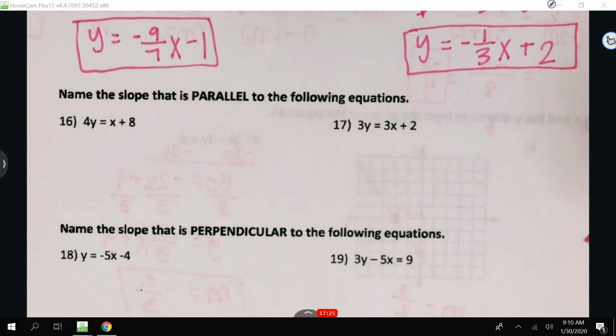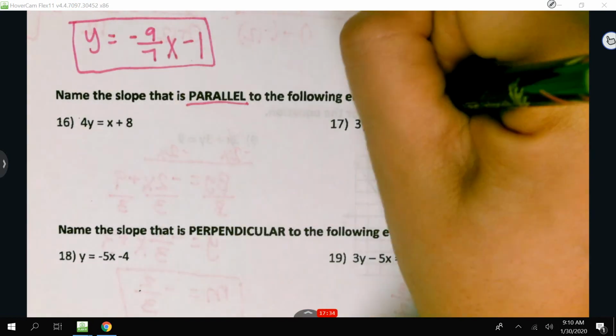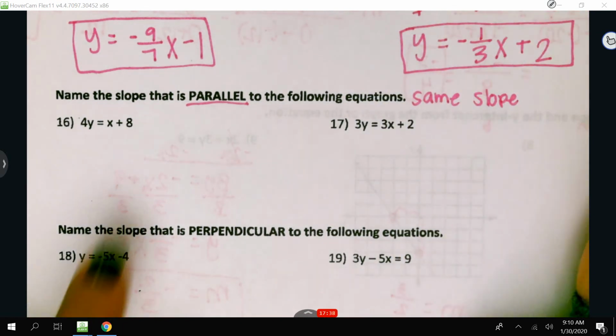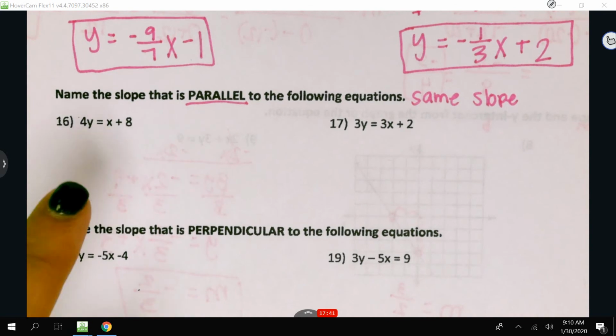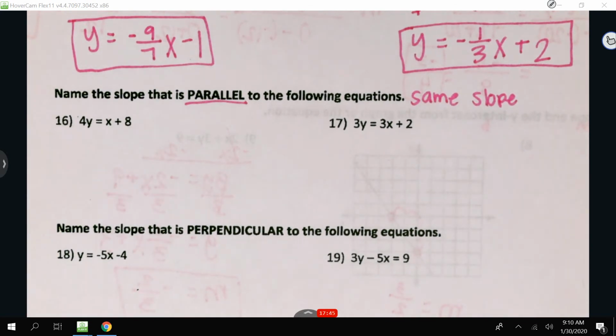Alright, now this is our new material, so our parallel and perpendicular lines. What do you know about slopes of parallel lines? They are the same slope. Parallel means same slope. So if I am just naming a slope that's parallel to these equations, I need to find that slope first. Can I find it just looking at that equation? No, I need to get it in slope-intercept form first.